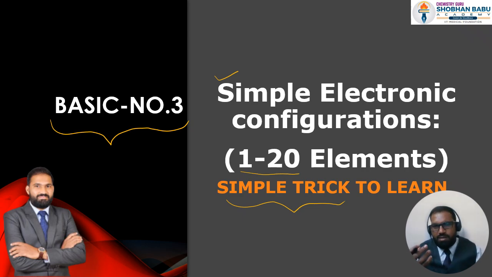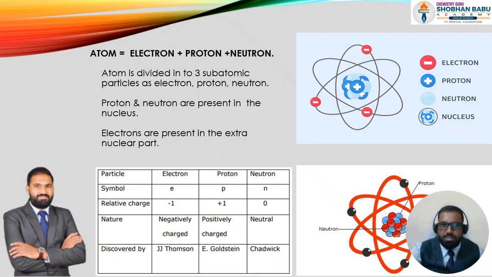But to understand it, we have to know certain more basic concepts. Once you understand those concepts thoroughly, then you can understand the simple electronic configuration. So let us see what those concepts are.